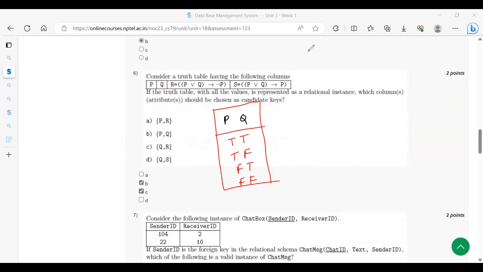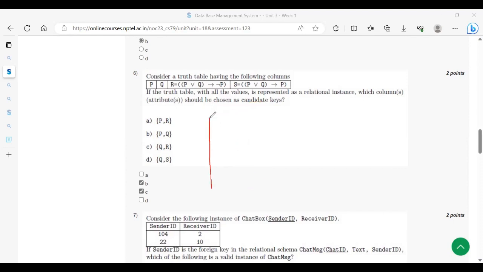Instead of true and false, you can also write 0, 0, 1, 1, no problem. So here P, Q: I am going to write 0, 0, 0, 1, 1, 0, 1, 1.